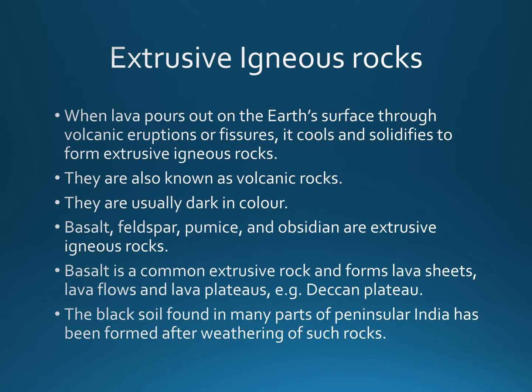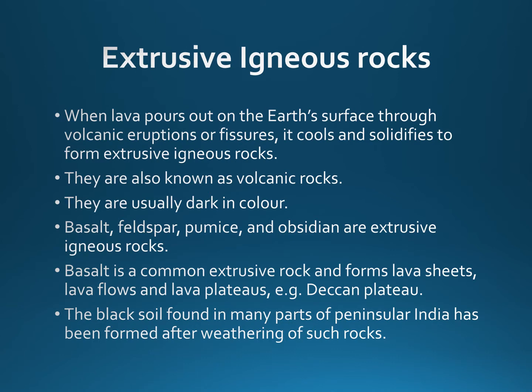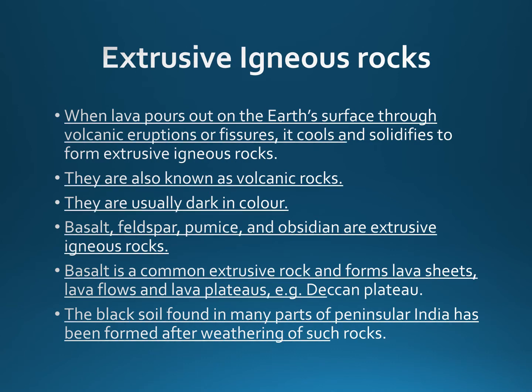First, let's talk about extrusive igneous rocks. When lava pours out on the Earth's surface through volcanic eruptions or fissures, it cools and solidifies to form extrusive igneous rocks. They are also known as volcanic rocks.